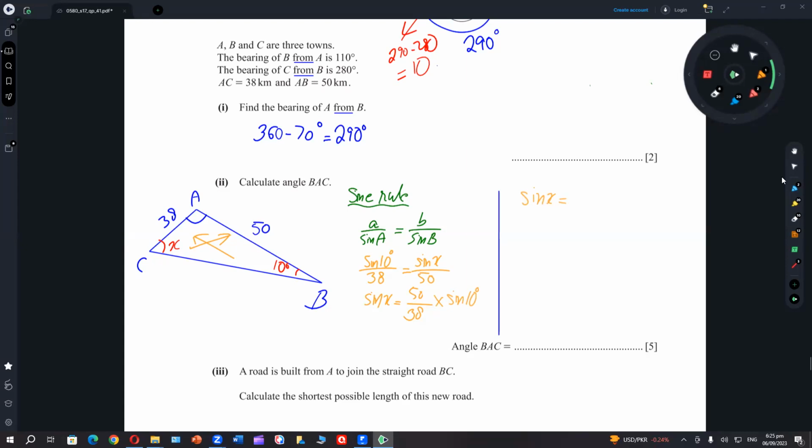Sir, the answer that I got is 0.228. Please make sure your calculator is in degree mode. Oh yes, it is degree mode.